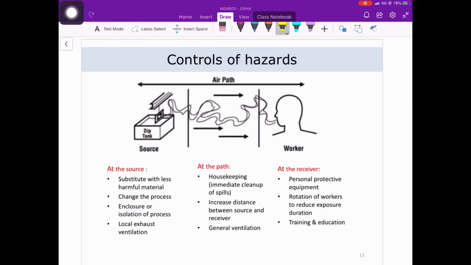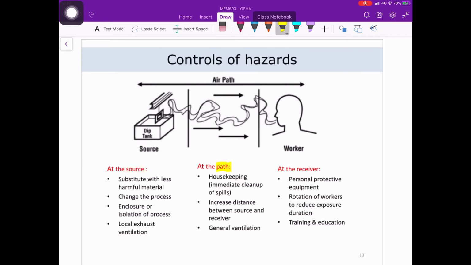In order to control this hazard, control measures can be taken at the 3 levels: source, path, and receiver. Maybe at the source, the material used can be substituted with less harmful material. Changing the process involved, isolate the process area and apply or install local exhaust ventilation.